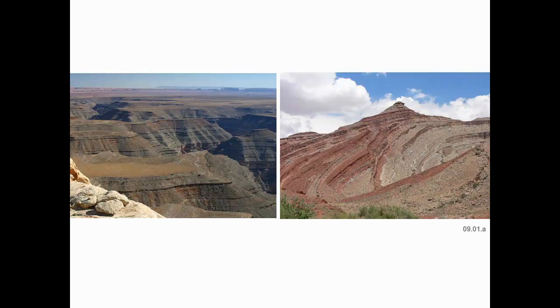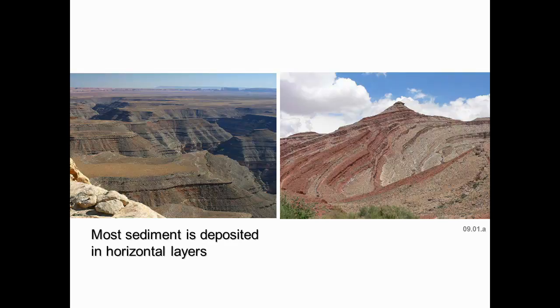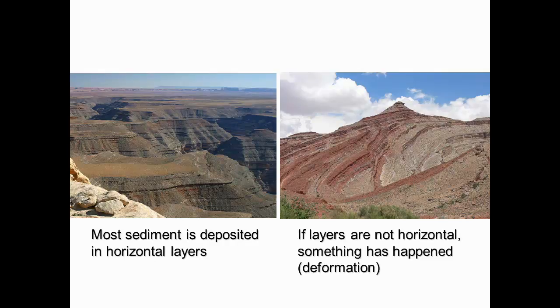So notice that in the photograph on the left, we see that the sedimentary rocks are horizontally layered. On the other hand, to the right, we see that the sedimentary rocks are highly folded.